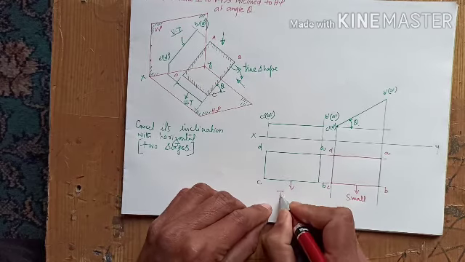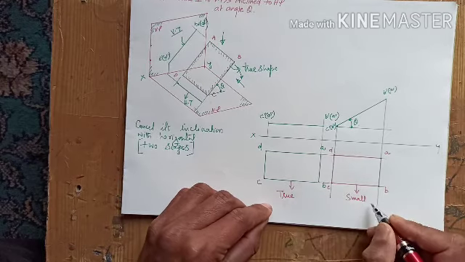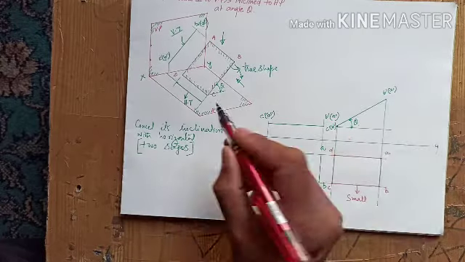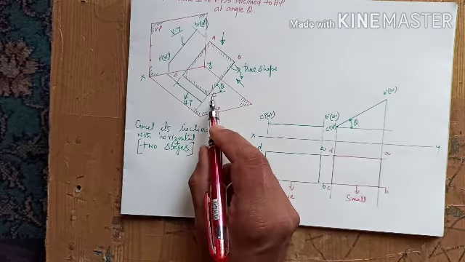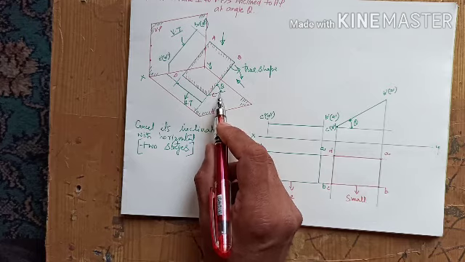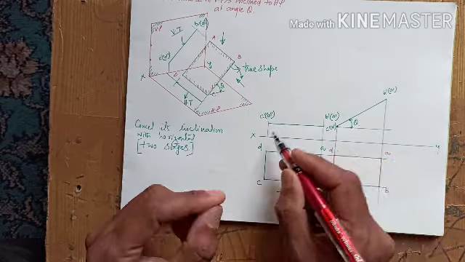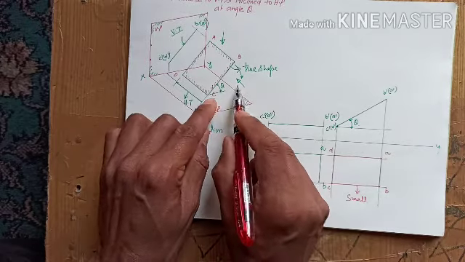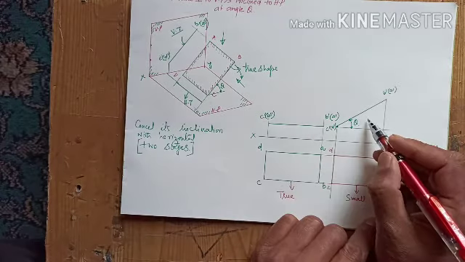This was my true rectangle, and this is smaller in size. This is how we have to solve when the plane is inclined with the horizontal. We have done the question in two phases. First we cancelled the inclination, then we gave the inclination.